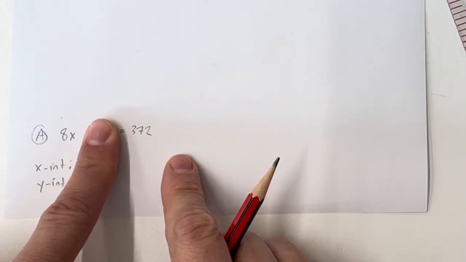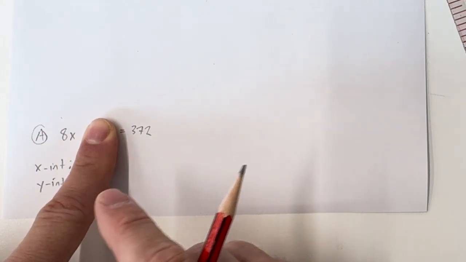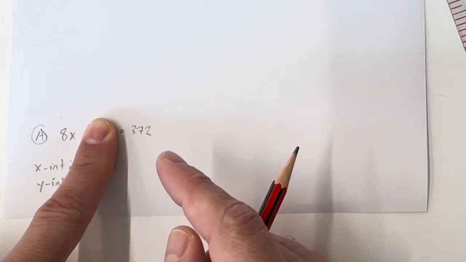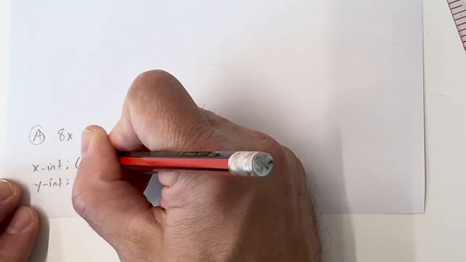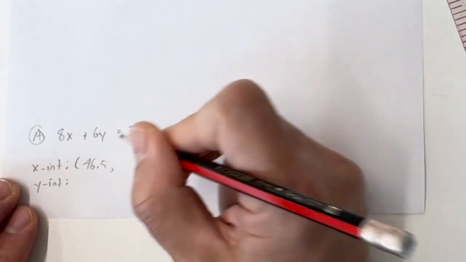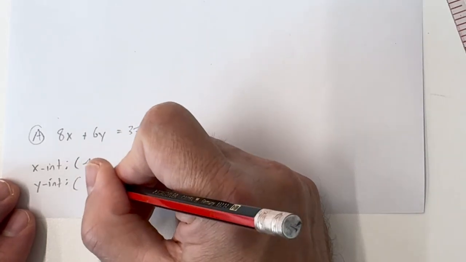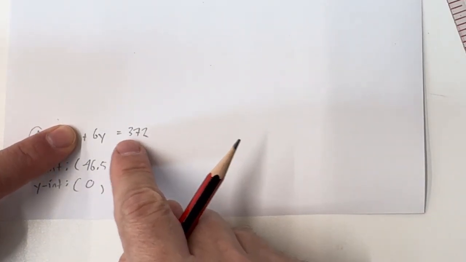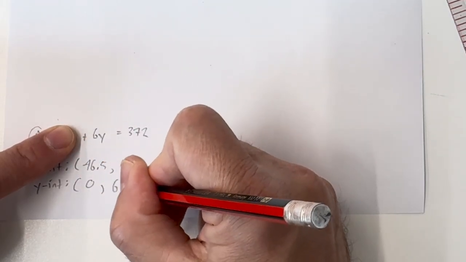So my x-intercept is gonna be 372 divided by 8, and I've already done the math on my calculator. 372 divided by 8 is 46.5. So on my first equation, I know it's going to be 46.5 is my x-intercept, and then y is 0. And the same idea, I make x 0, and I divide 372 by 6, and I would find that my y-intercept is 62.